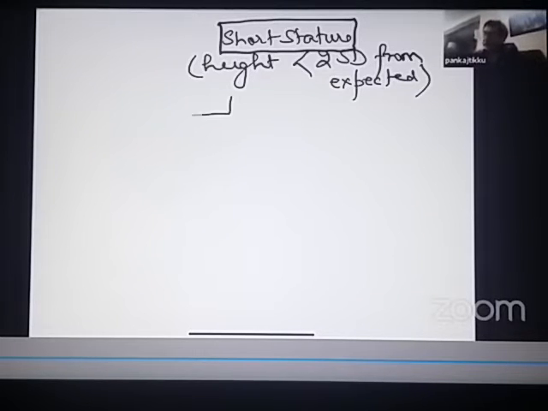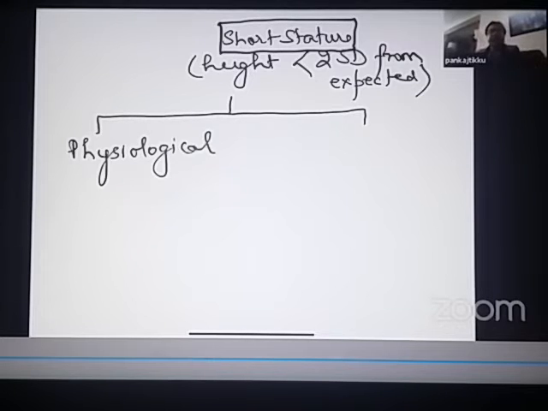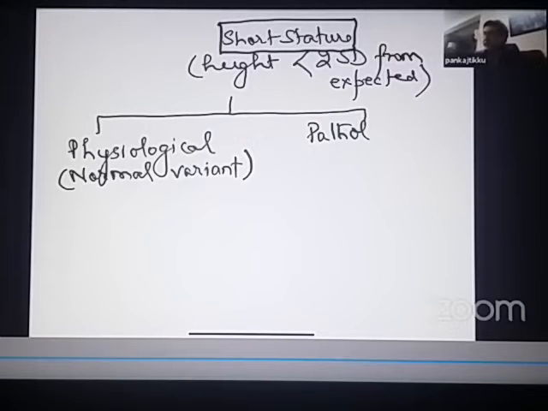There are 2 types of short statures. The first type of short stature is known as a physiological short stature. That is how you define it in GAI, which is also known as a normal variant short stature. And the second type of short stature is known as a pathological short stature. A normal variant short stature is a short stature in which the child's growth velocity is normal.